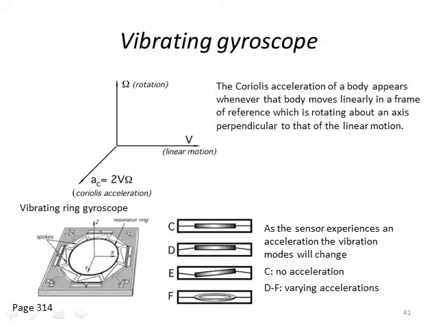And we can detect those different vibration modes electronically. So then we can map those different vibration modes due to the motion of the frame that changes the vibration frequency as this angular momentum is applied to the frame. Okay.